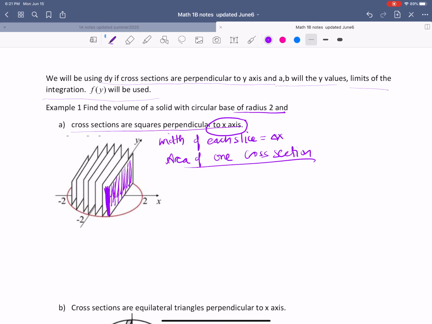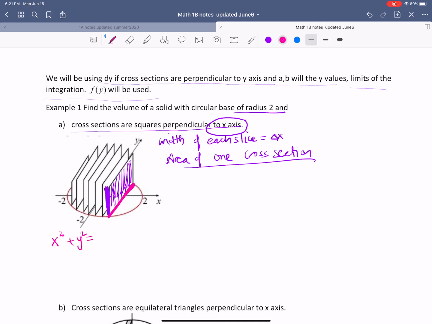Finding the area of a square is not too much work, but let's think about how much is the side of the square, because to find the area of square, we need the side of the square. So how can I find side of the square? The pink side that I just colored for the square. If you look at it carefully, the solid has a circular base.